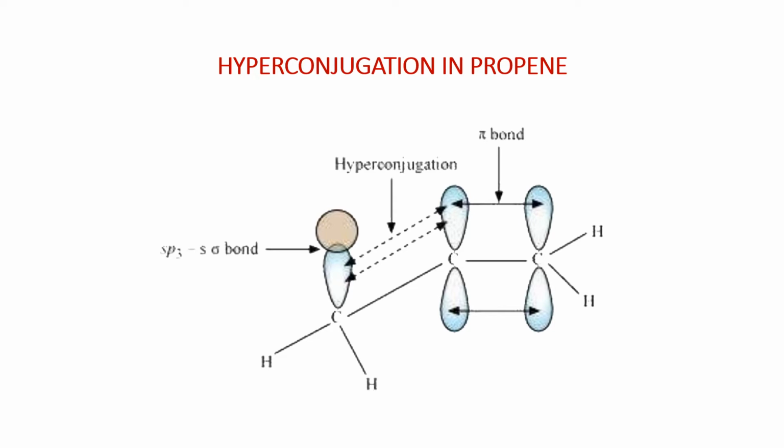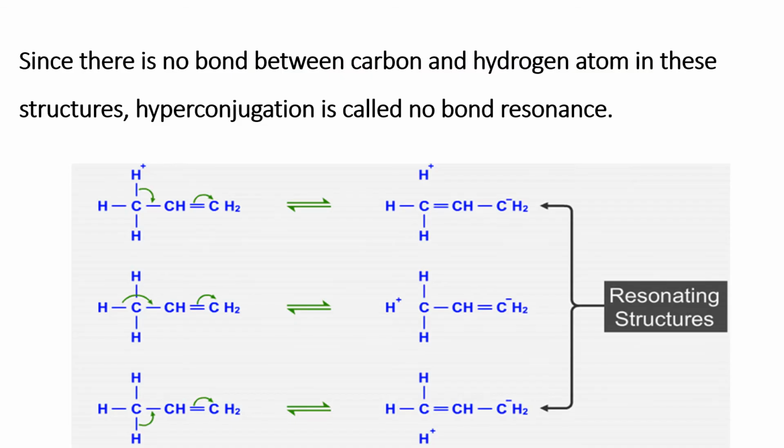The conjugation of the sigma bond orbital of any of the three carbon-hydrogen bonds of the CH3 with the pi orbital constitutes hyperconjugation. These are the resonating structures of propene by hyperconjugation. Since there is no bond between carbon and hydrogen atom in these structures, hyperconjugation is called no bond resonance.